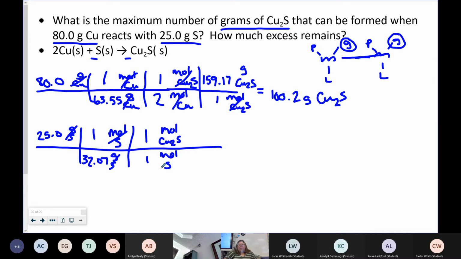So that cancels out moles of sulfur. And then we have moles of copper 1 sulfide, but we need grams. The nice thing is limiting reagents, this last step is always going to be identical since we're changing into the same substance, because moles will go down the bottom and mass will go on top. So we can just copy that step down, because 1 mole is going to be that 159.17 grams.